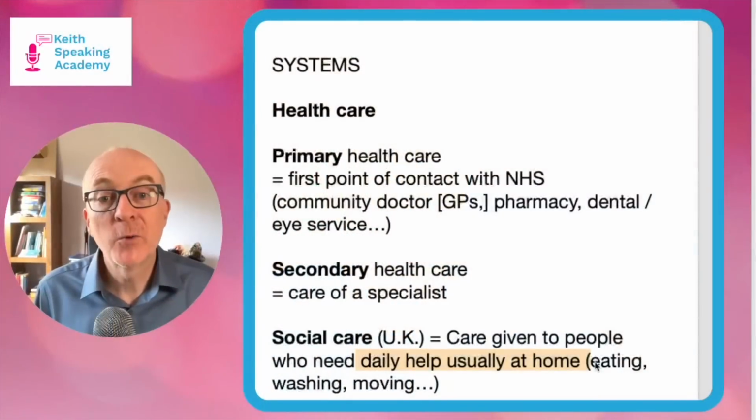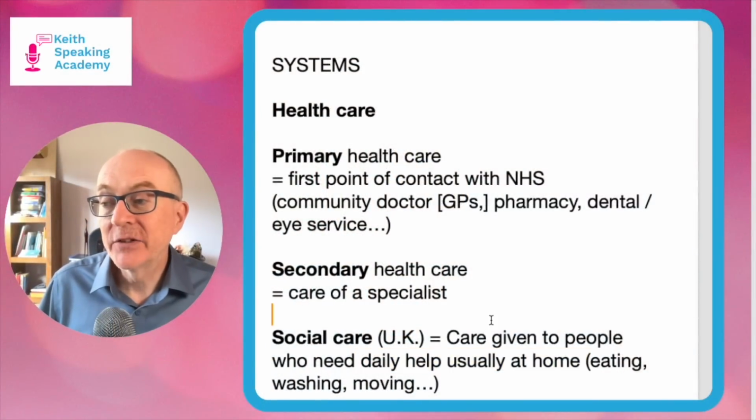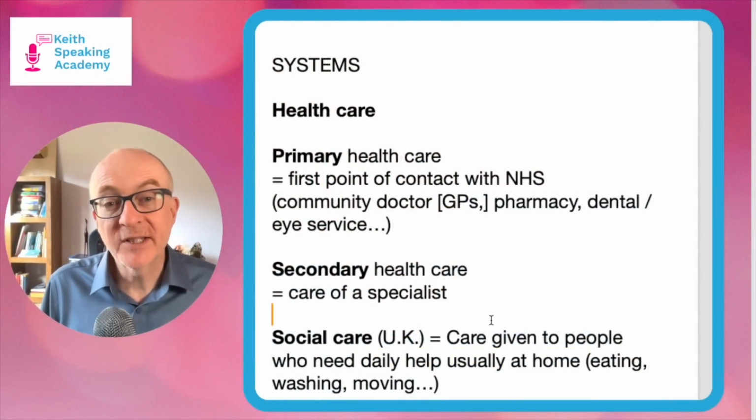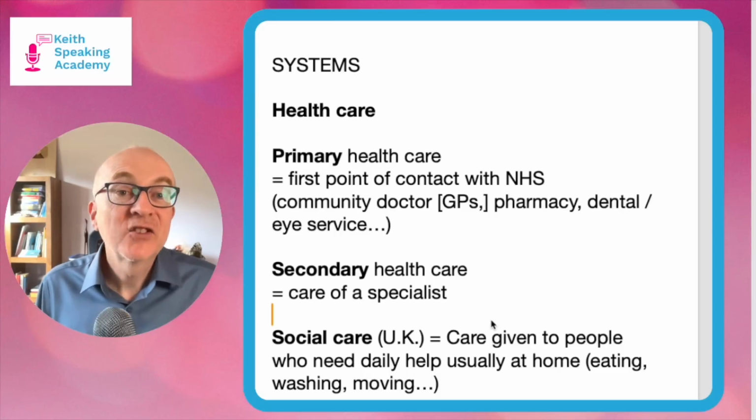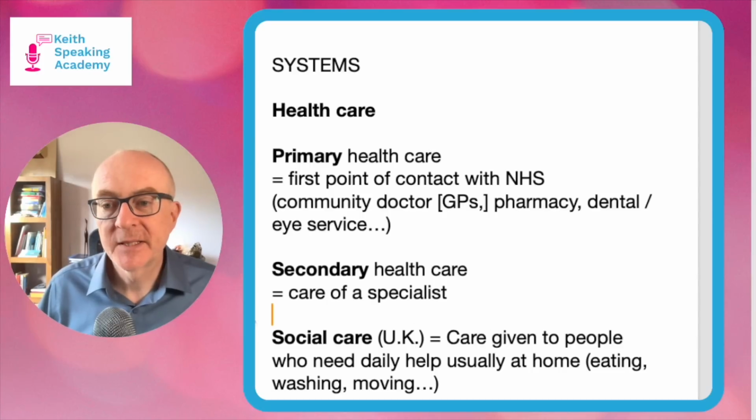Maybe somebody has a disability and they need help at home, or maybe you're just very old. As you get older, you may need social care to look after you at home. In England or the UK, a lot of private organisations do social care, some government as well.